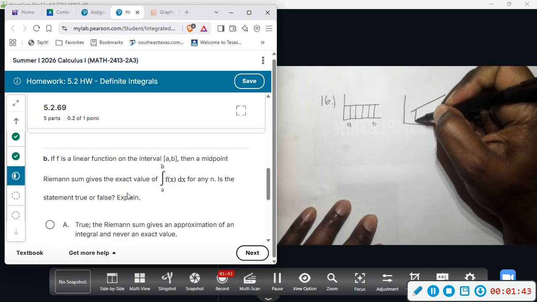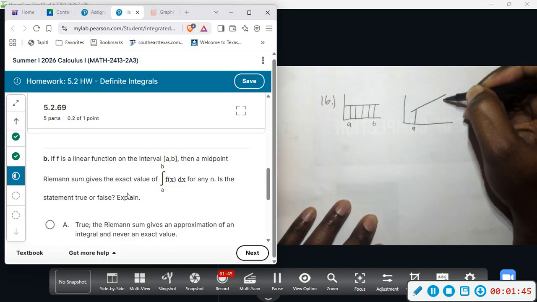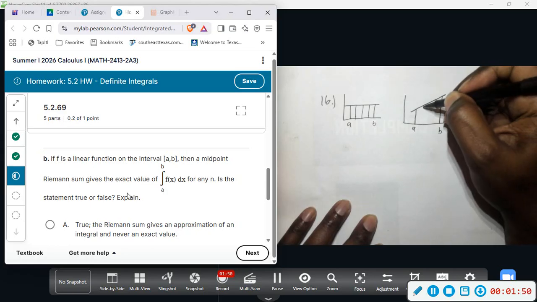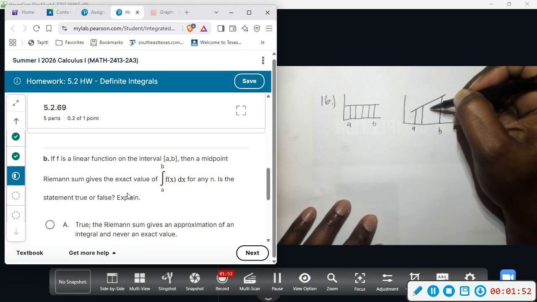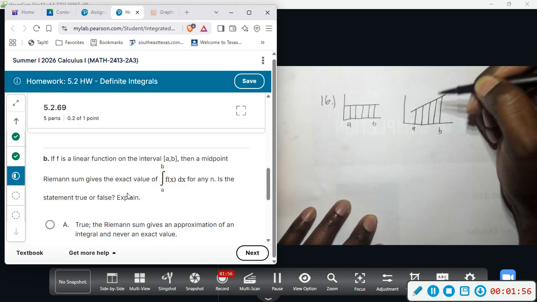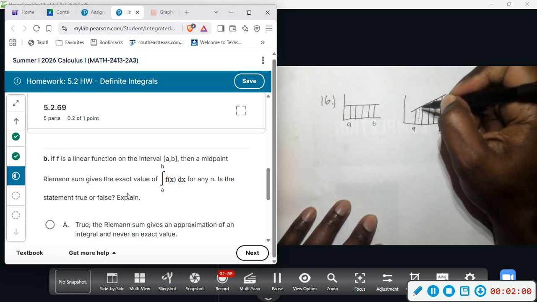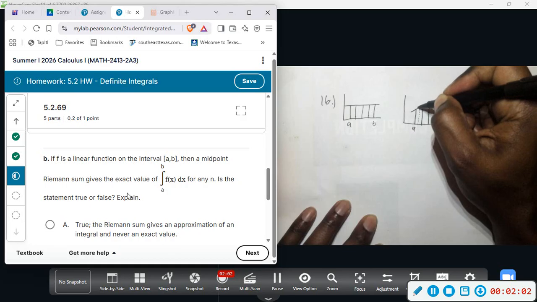Let's say that this is A, and this is my point B. So we'll make some partitions, and with midpoint, for a linear function, we would go left and right.